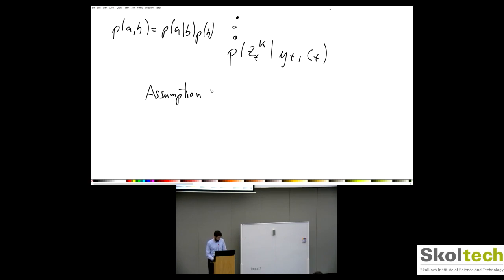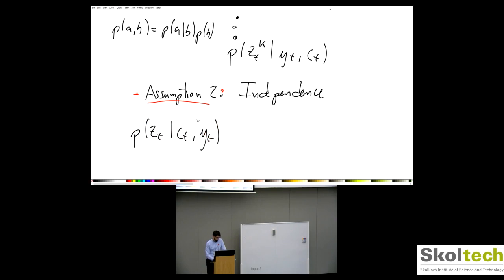Okay, so assumption 2: independence. Now I'm rewriting this likelihood function of all our observations.